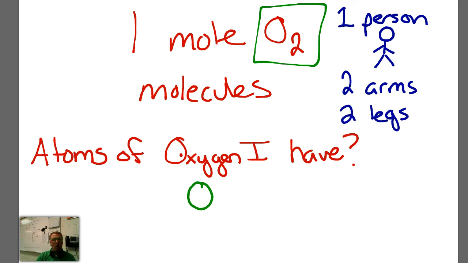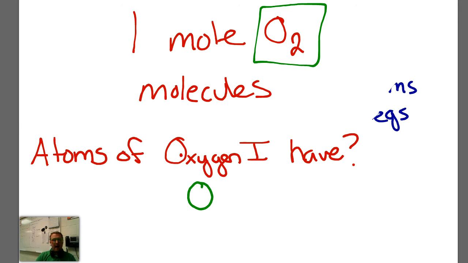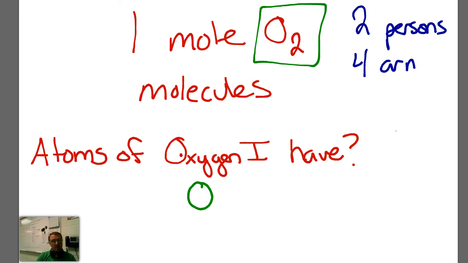I'm talking about a whole object here, a person, so I have 1 of those. But in that person, I might have 2 arms or 2 legs. Now, imagine for a moment that I were to have 2 persons. Well, how many arms and legs would I have total? I'd have 4 arms and 4 legs.